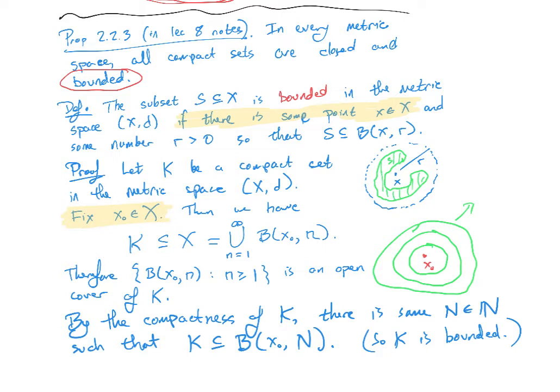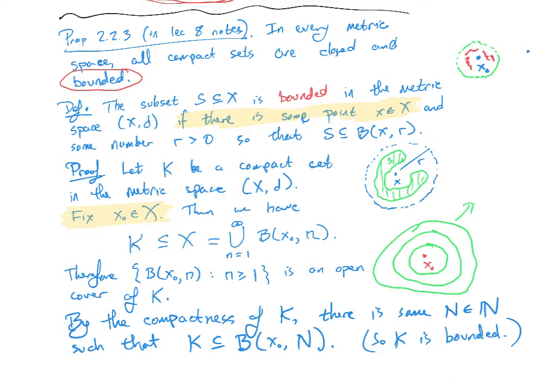So here's x naught. Here is your concentric circle that your set is in. Your set is these things in there.